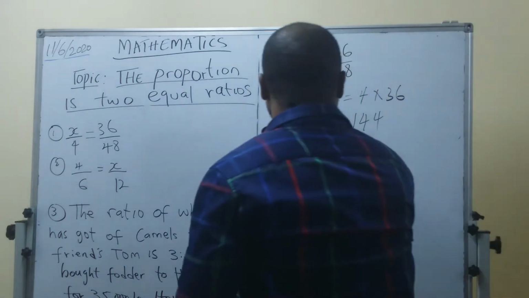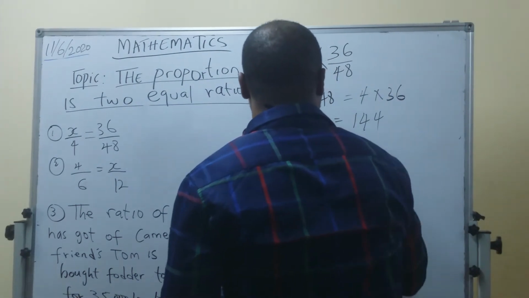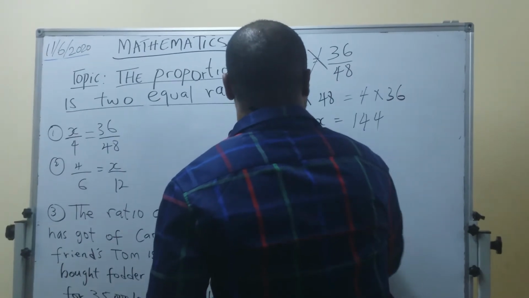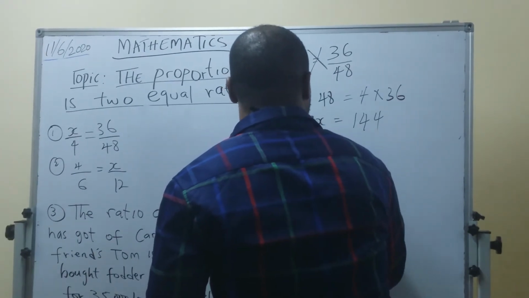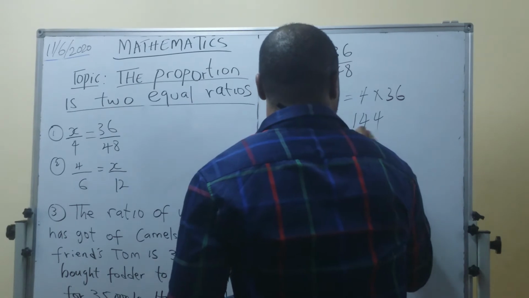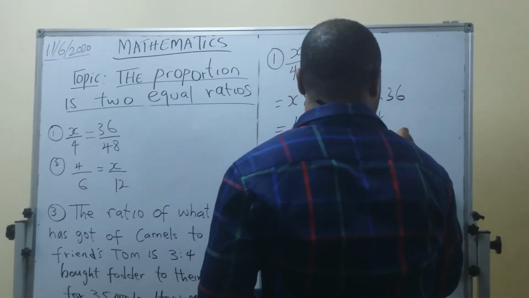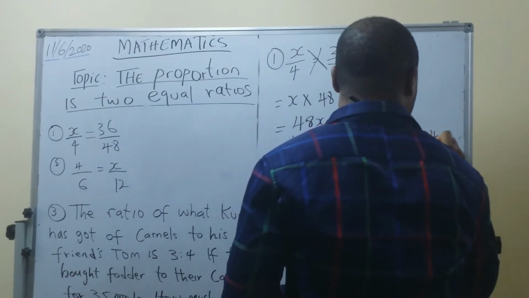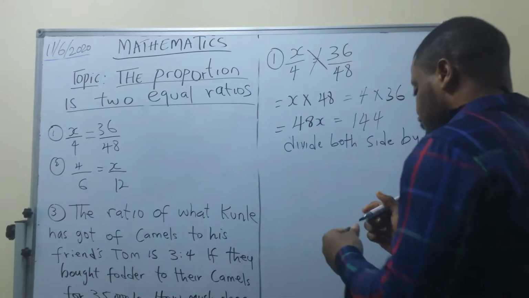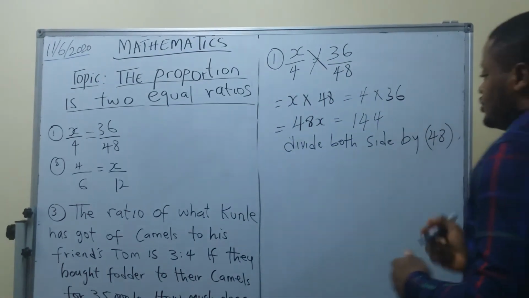Now I will take 48 to divide both sides by 48.